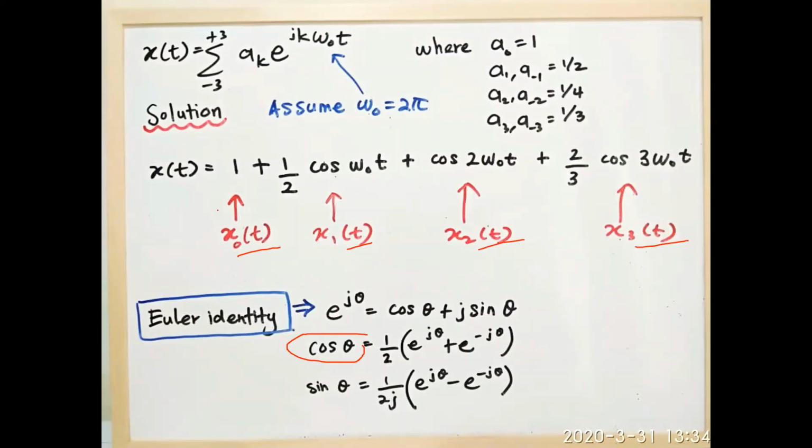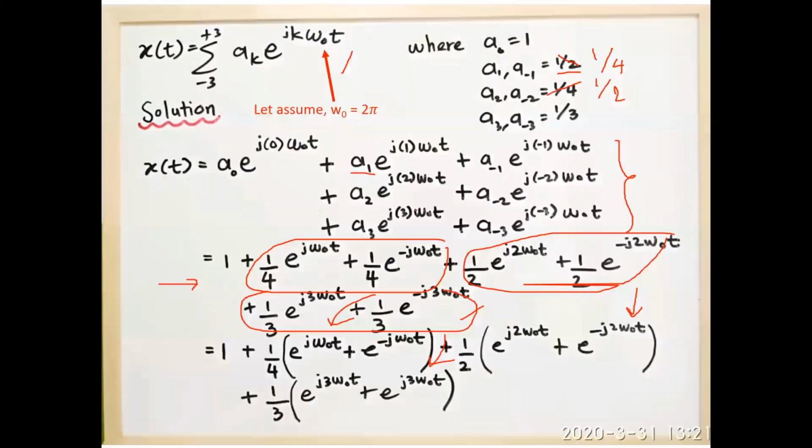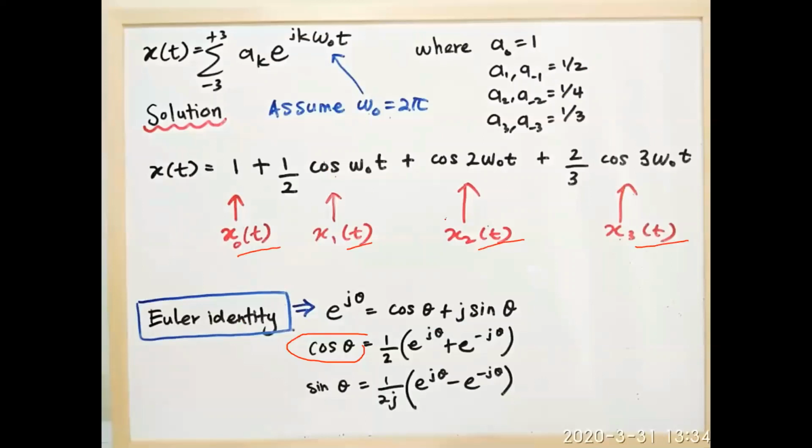That means if you rewrite this equation, you can actually get the linear combination of 4 signals xt. So this one shows the open form representation of Fourier coefficients for xt.